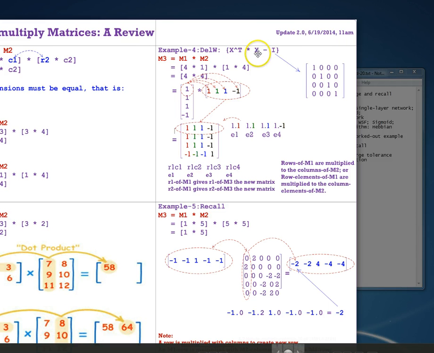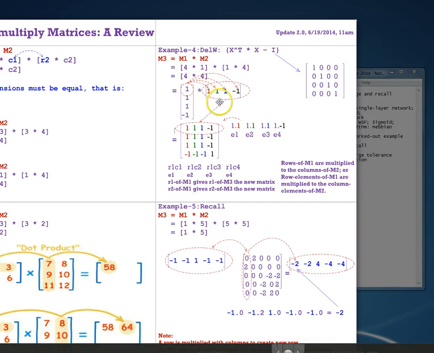If x is the linearized image representation, then multiplying the transpose of x with x, minus the unity vector, gives you the weight change that you need to make to the original network.